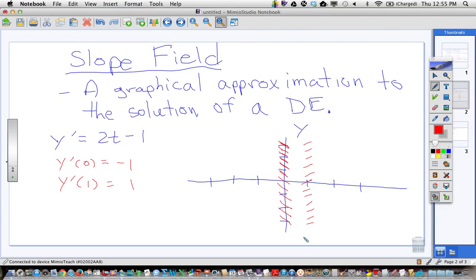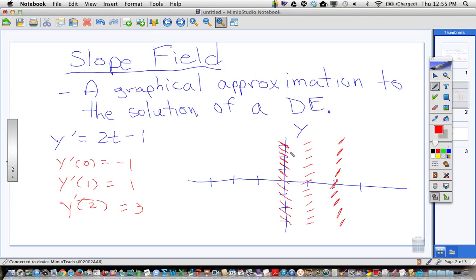I don't know where it is for sure, but when it gets to that point in the graph, it should be going up with a slope of 1. All right, let's put in a 2. What do we get? 3. So over here at 2, that's quite a bit steeper. Those should all be the same length. They don't quite look the same.